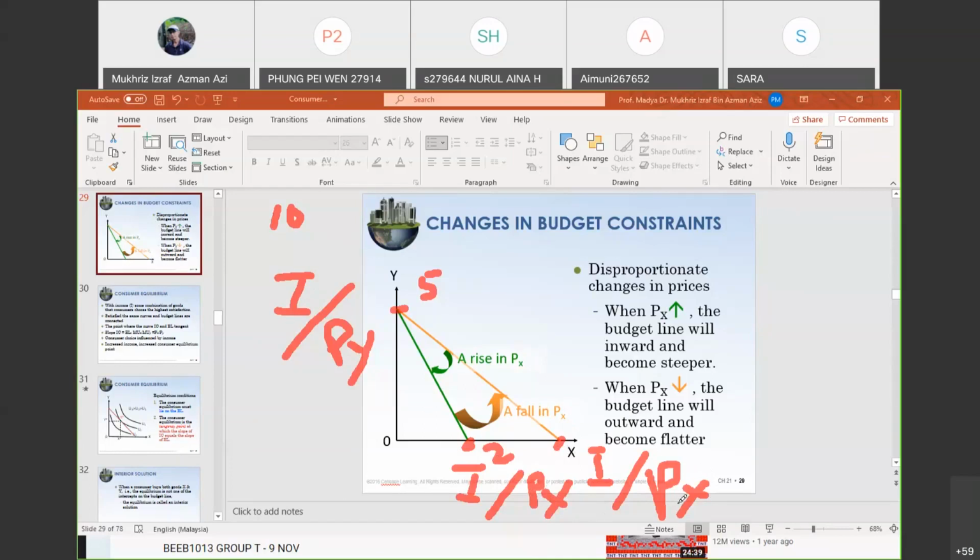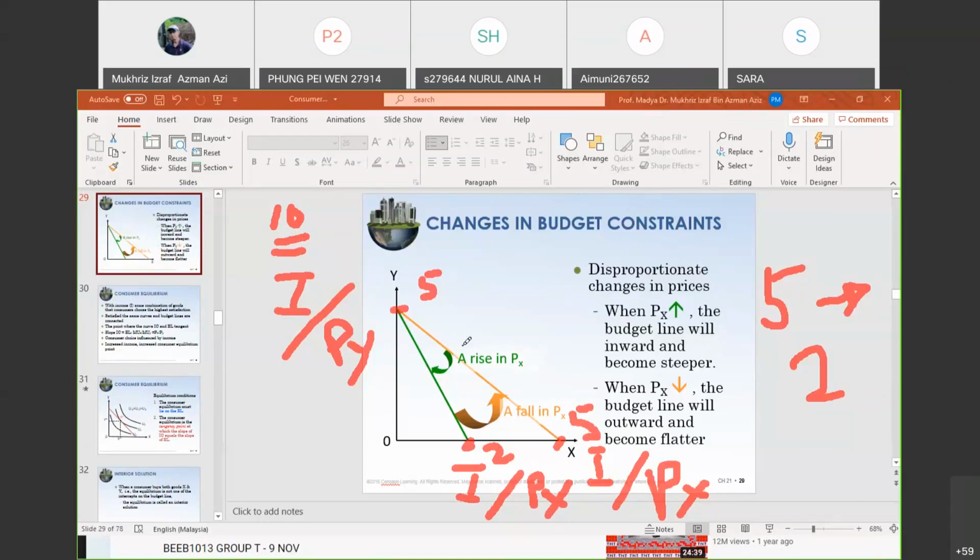Now let's say the price of X drops from 5 ringgit to 2 ringgit. So 10 divided by 2, you will get 5. So the curve will shift outward only on the x-axis if the price of X falls. Income remains at 10 ringgit, and you can see it change from 2 to 5.